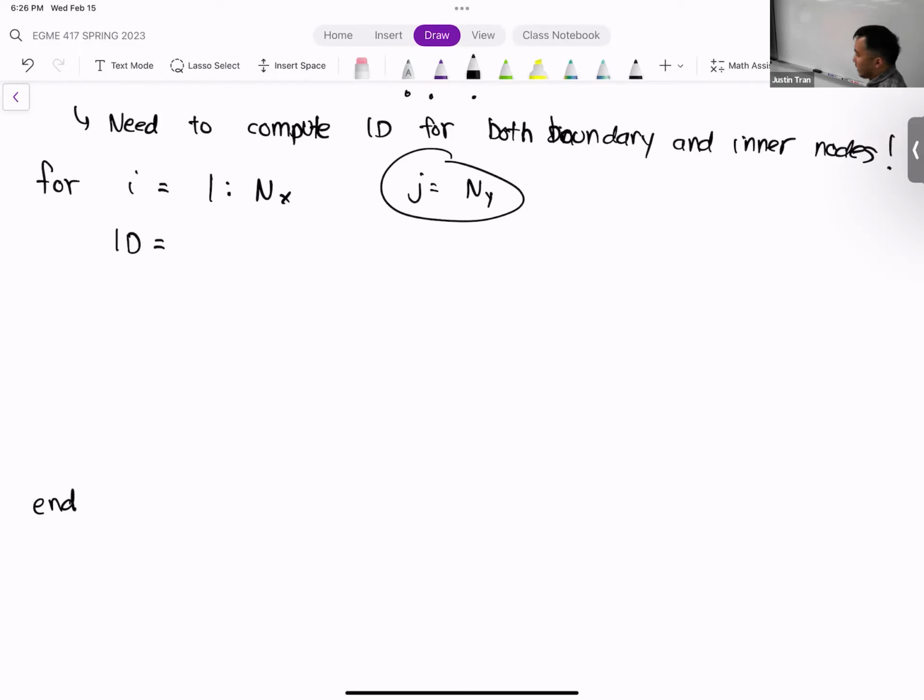We're going to use our usual equation: j minus 1 multiplied by nx plus i. But since we know that j is fixed at ny, let's go ahead and replace j with ny. And so our ID for the top boundary is going to be ny minus 1 times nx plus i.